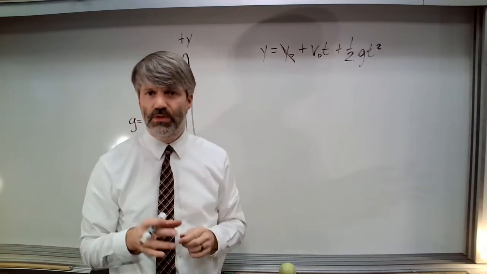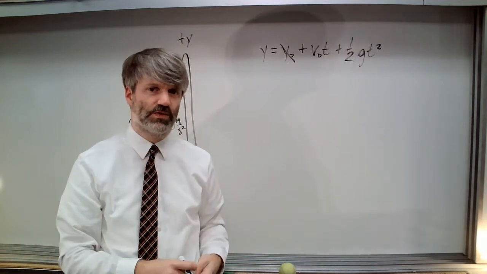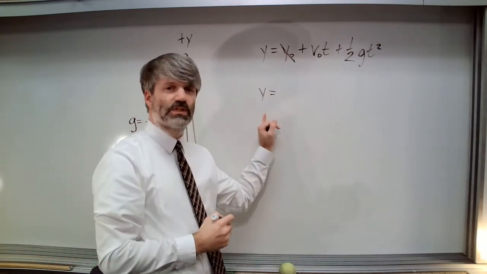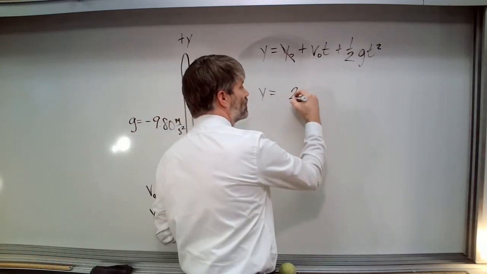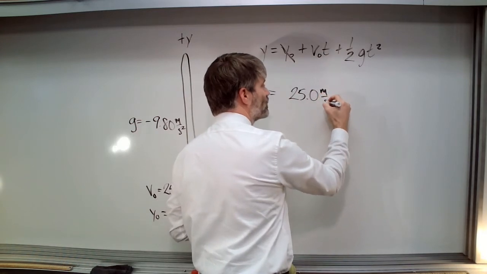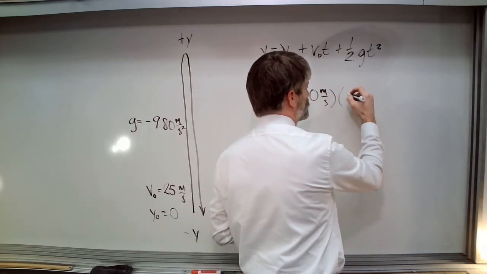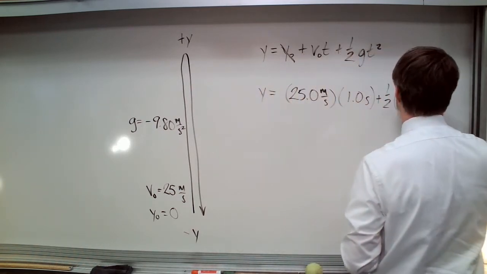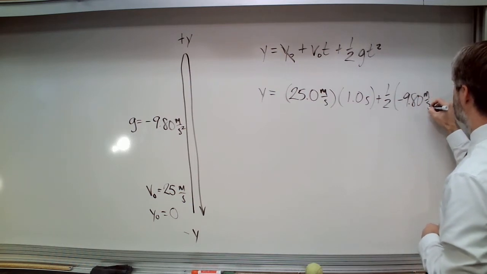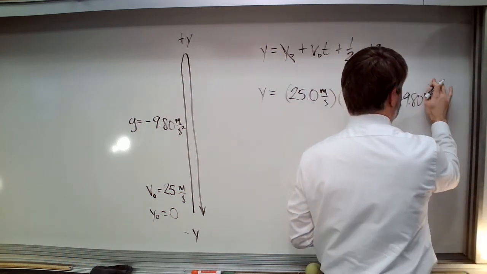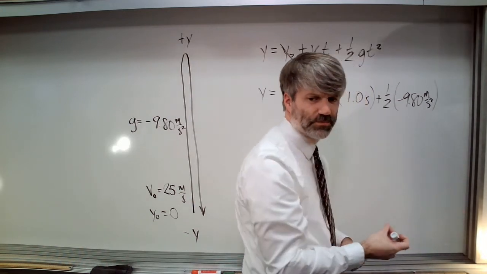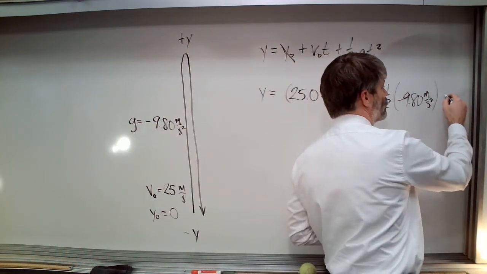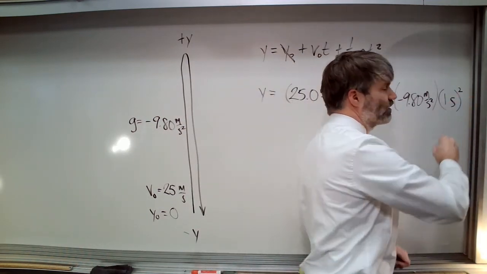I'm going to do it just once for 1 second, and then I'll give you the answers for what comes afterwards. So, the object's position after 1 second is going to be 25.0 meters per second times 1 second plus 1/2 times negative 9.80 meters per second squared times 1 second squared.